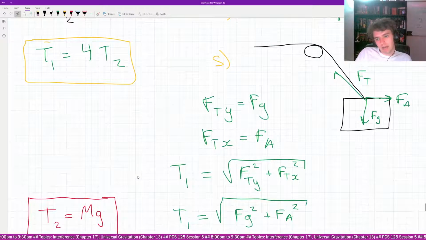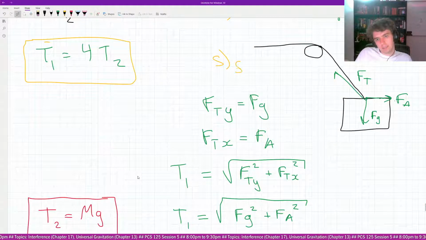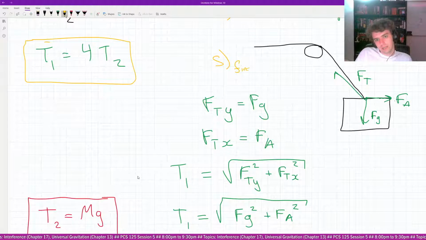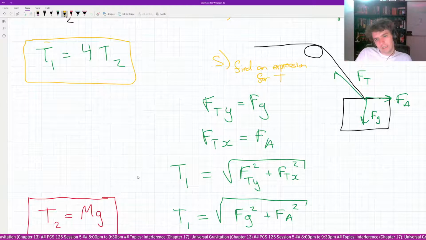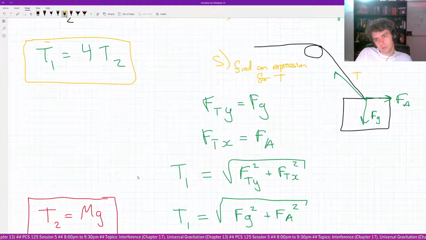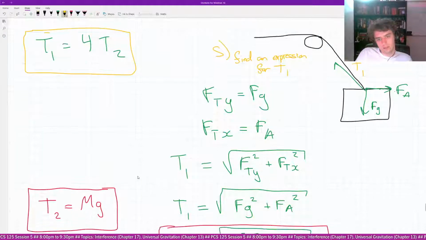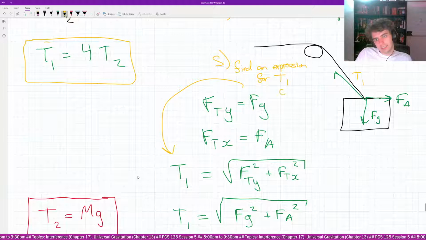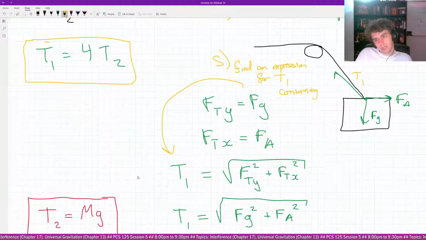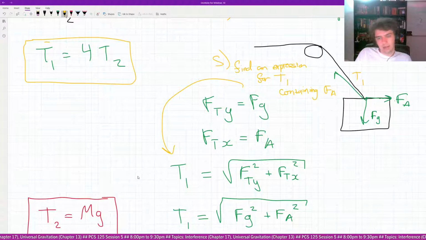Step 5 is now find an expression for T1. And I did that. I found an expression for T1, and notably, it contains FA, the applied force that we're looking for.